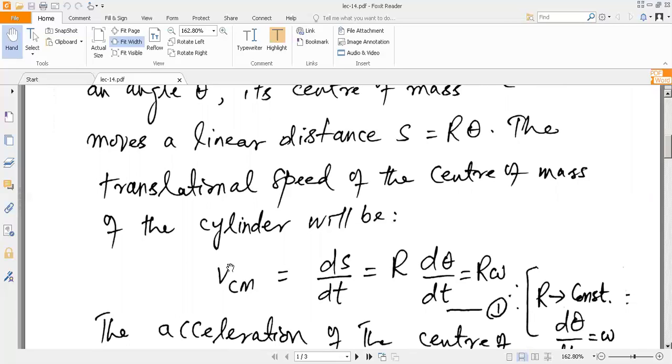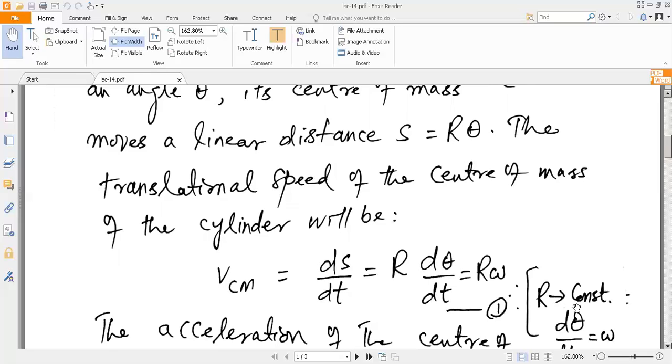So the speed of the center of mass of the cylindrical object can be found by taking the time derivative of linear distance s, and as we know that s is equal to r theta, so placing the value of s in this time derivative, we can write this derivative as r d theta over dt.